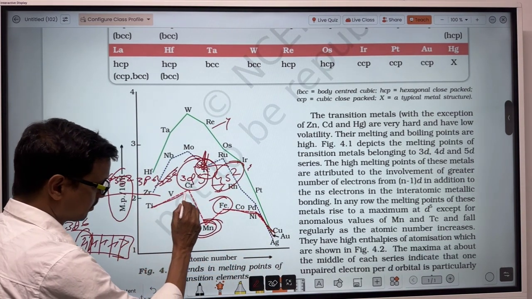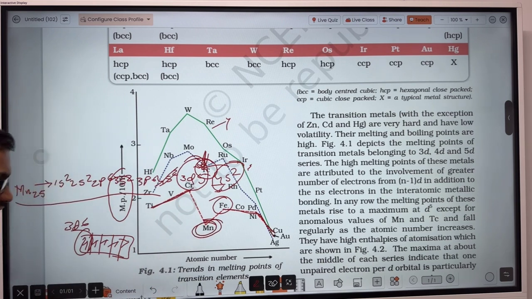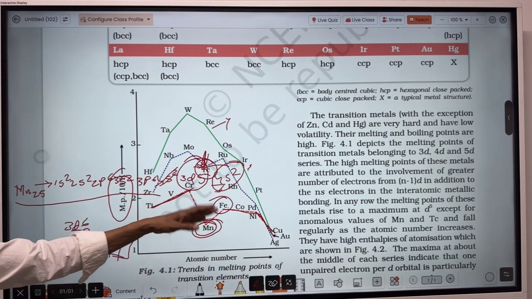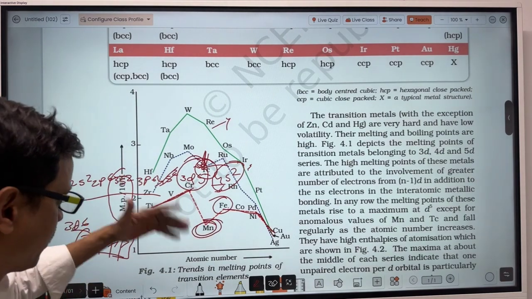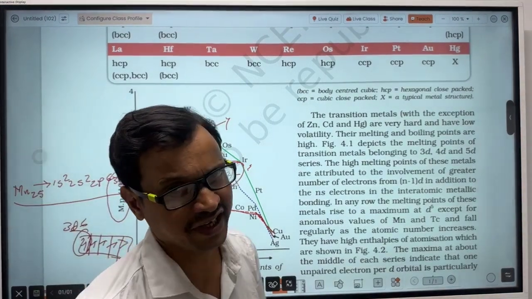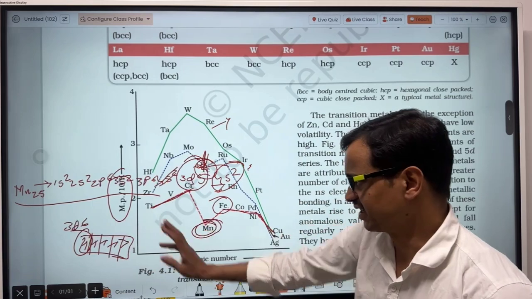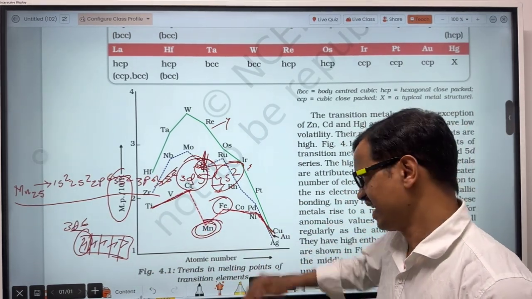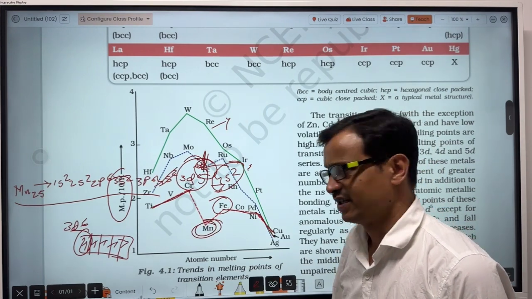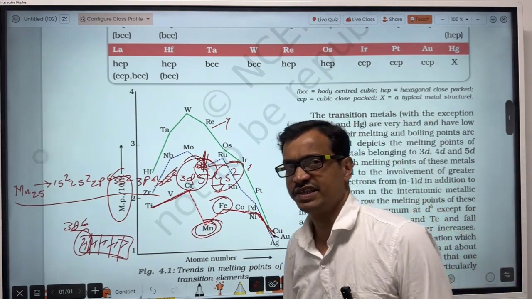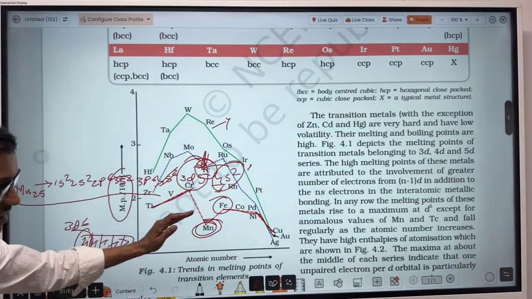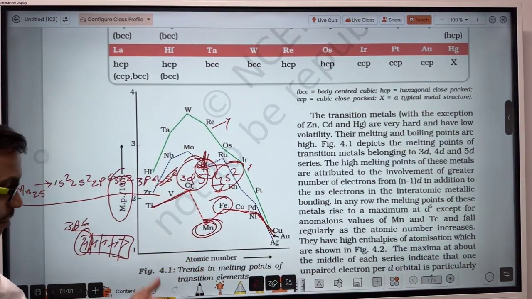From scandium, titanium, vanadium up to chromium, the number of unpaired electrons was increasing. At manganese, the number of unpaired electrons has become maximum. But instead of increasing, the melting point decreases.